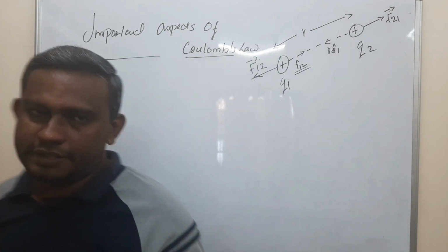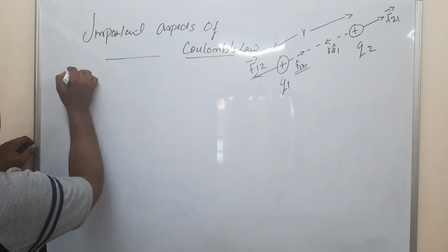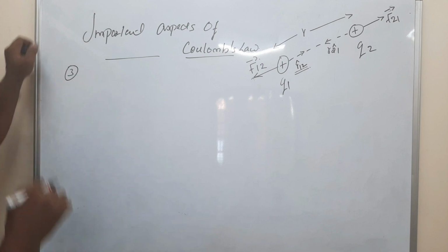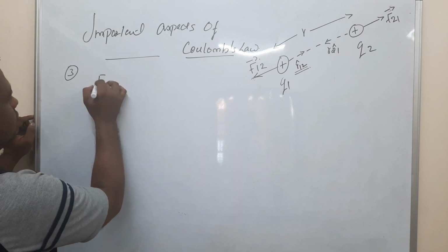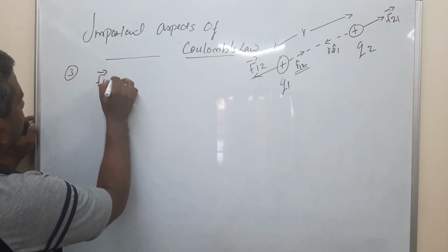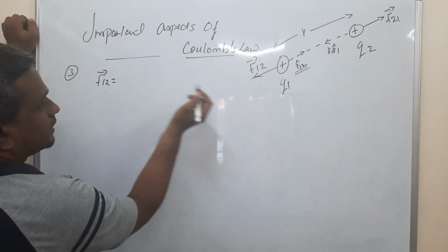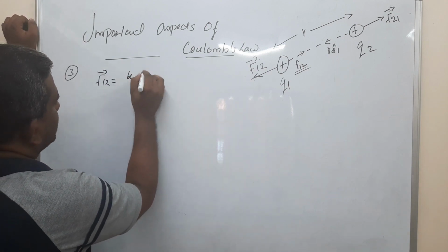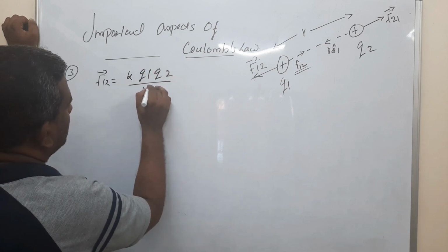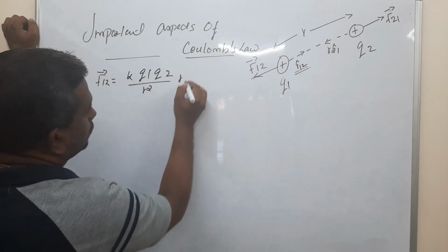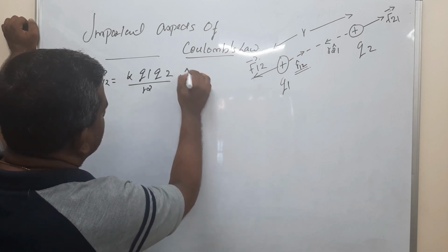So third point, the expression. F12 vector is equal to k into q1 q2 by r square into r21 cap.